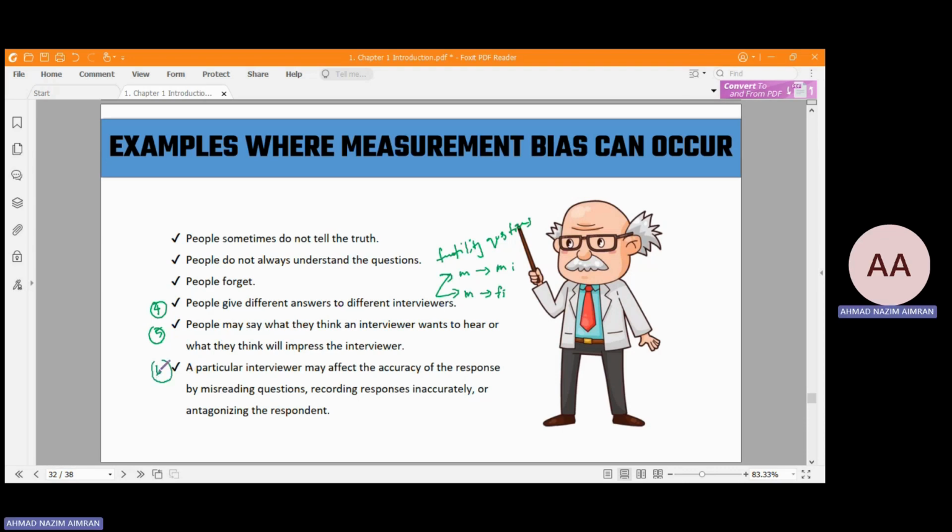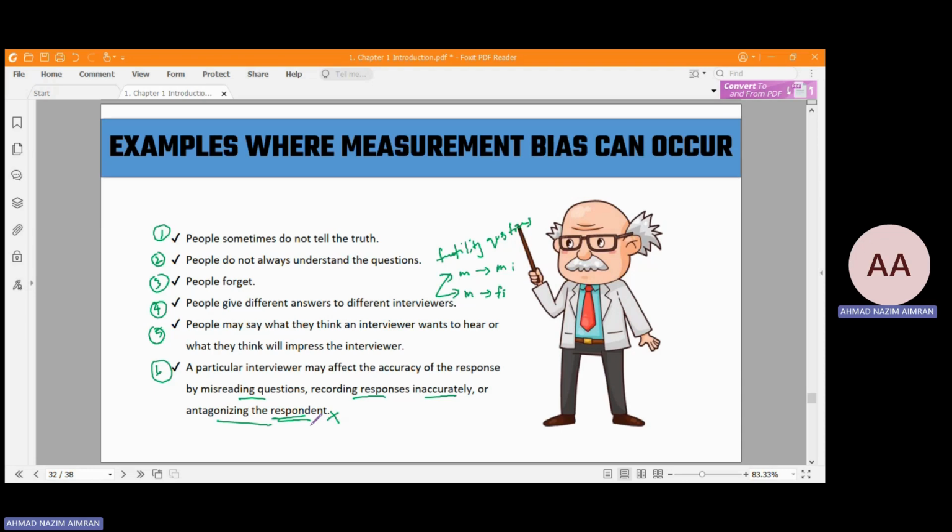And the next one is number 6. Number 6 is a particular interviewer may affect the accuracy of the response by misreading questions, recording responses inaccurately, or antagonizing the respondents. This is what I said about giving an expression to the respondents once we receive the information from them.